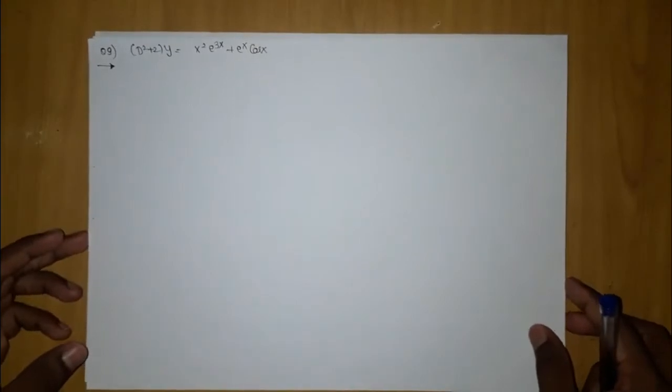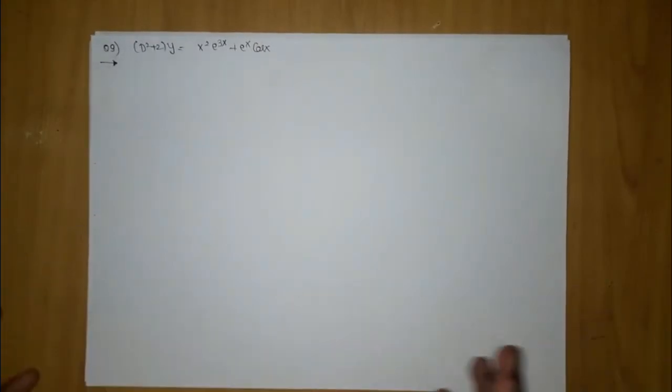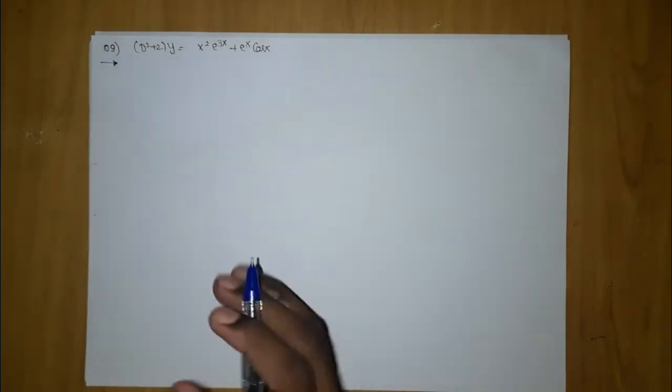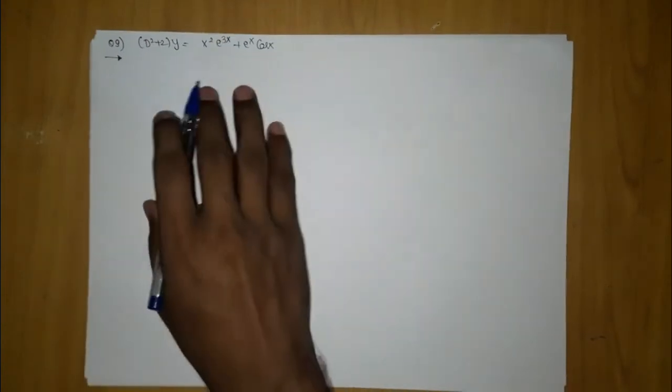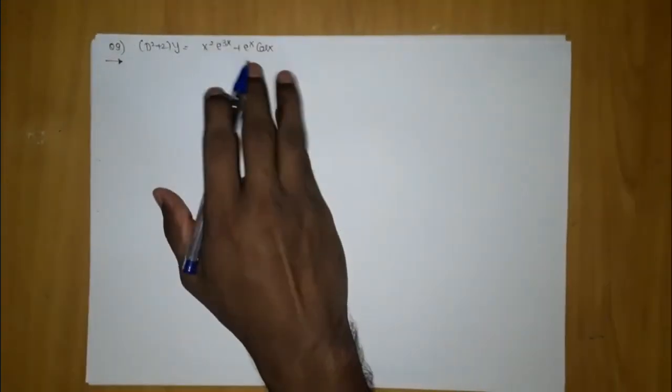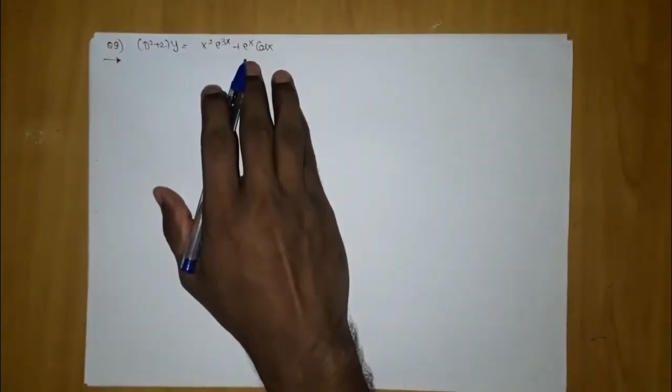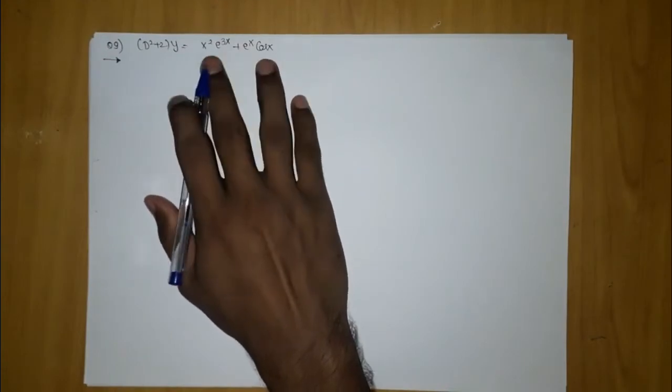Now let's move on to the next problem. The next problem which we are going to take is this one. In this problem there are multiple e to the power x attached parts, and we are going to do the same thing. The one thing you have to keep in mind is that here it is type 3, and here it is type 4.